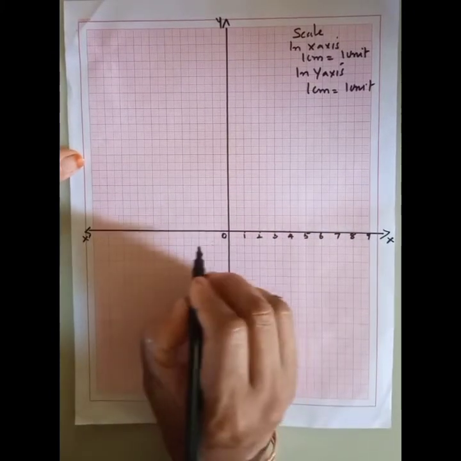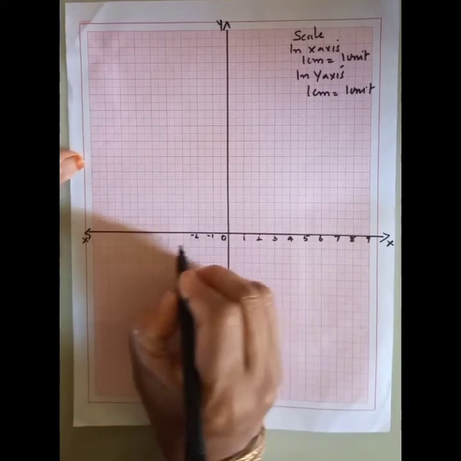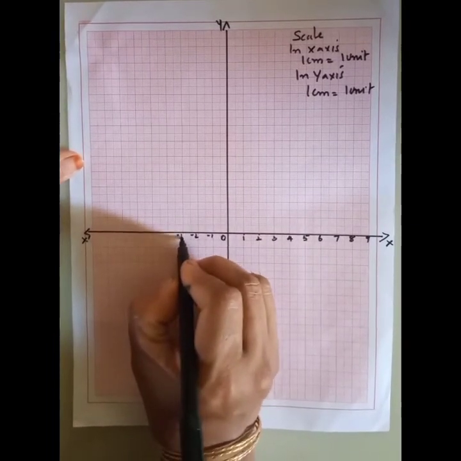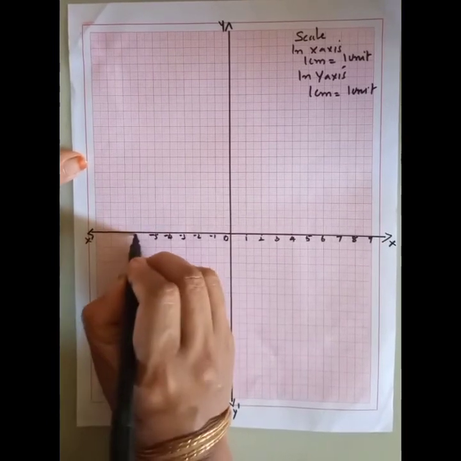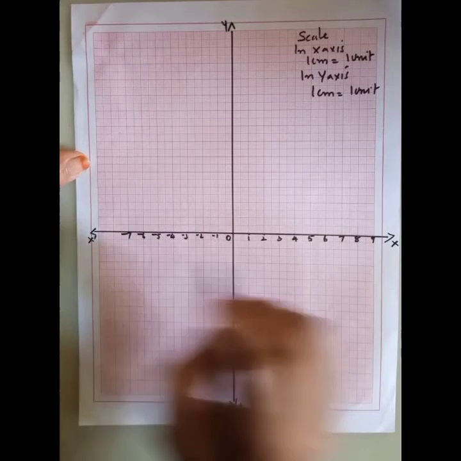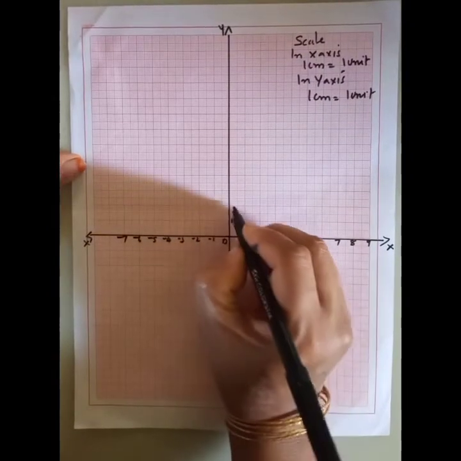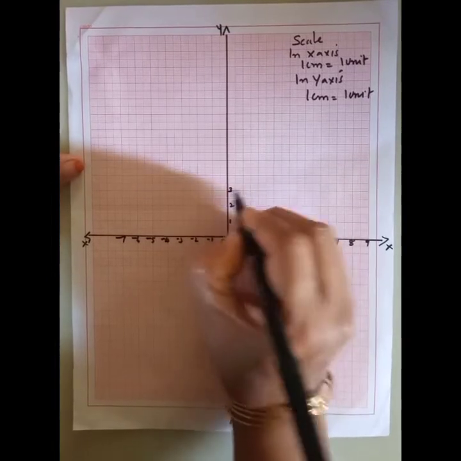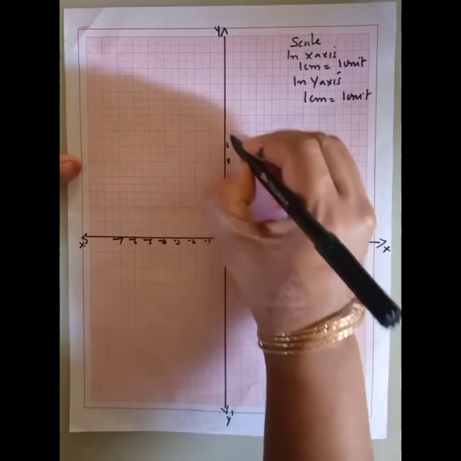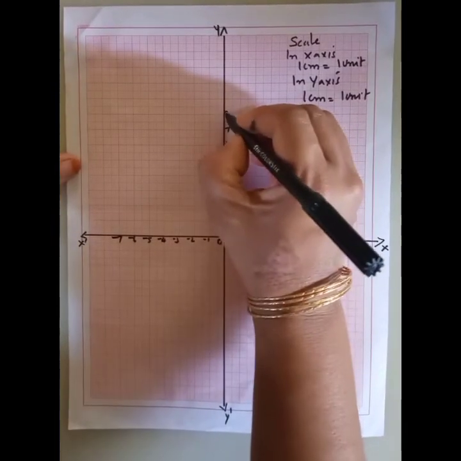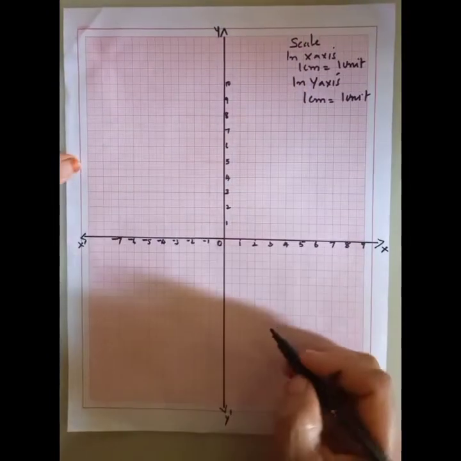In the same manner the left side of x-axis, minus 1, minus 2, minus 3, minus 4, minus 5, minus 6, minus 7, like that. Here the positive y-axis, 1, 2, 3, 4, 5, 6, 7, 8, 9, 10, like this.